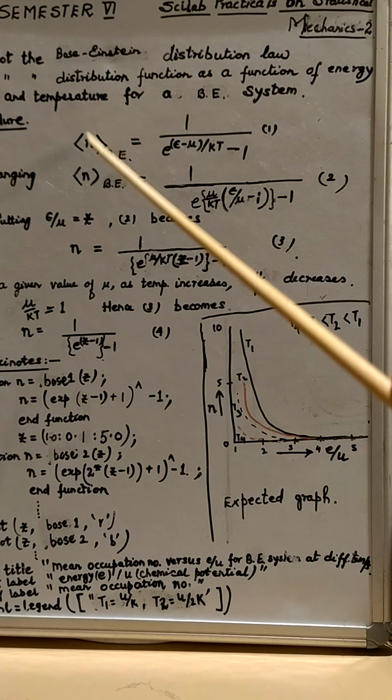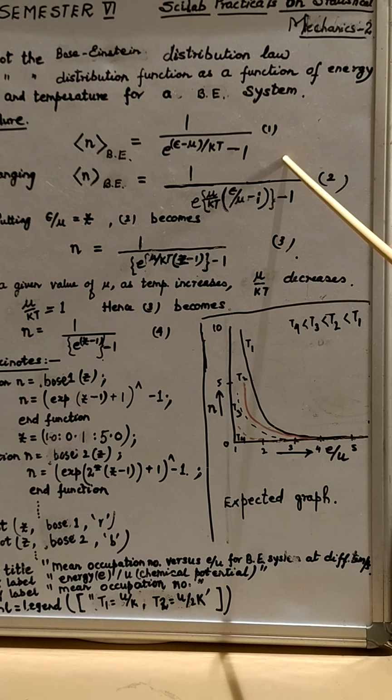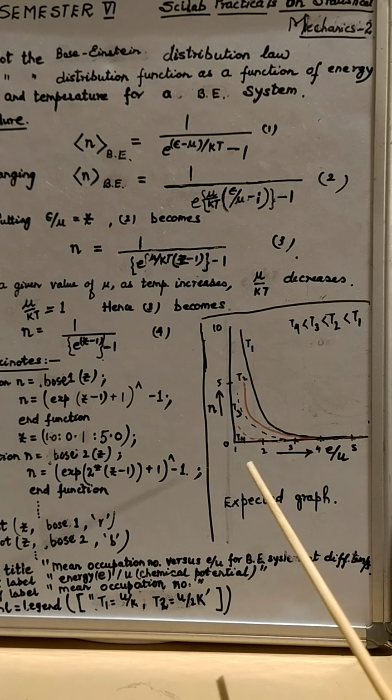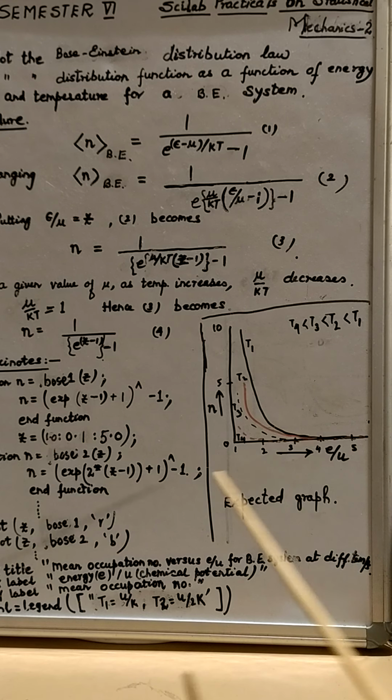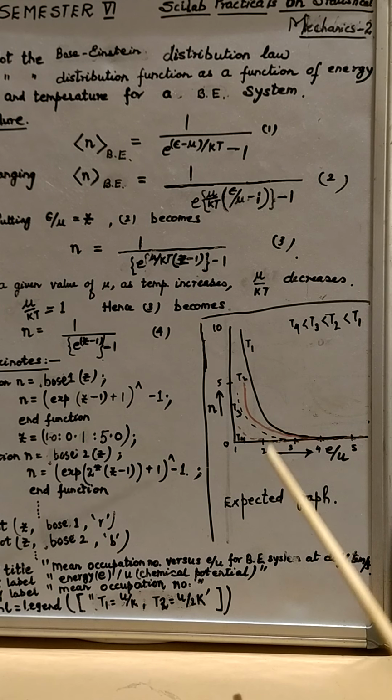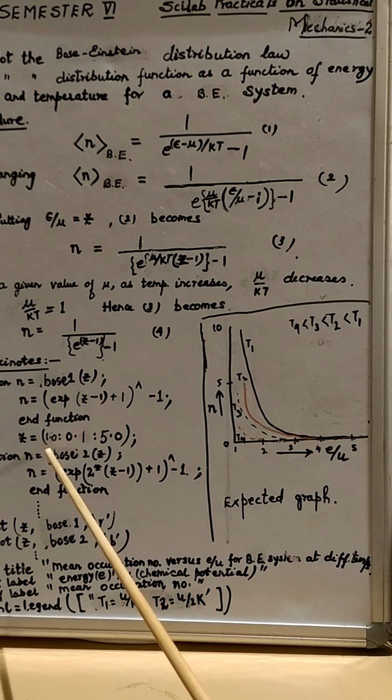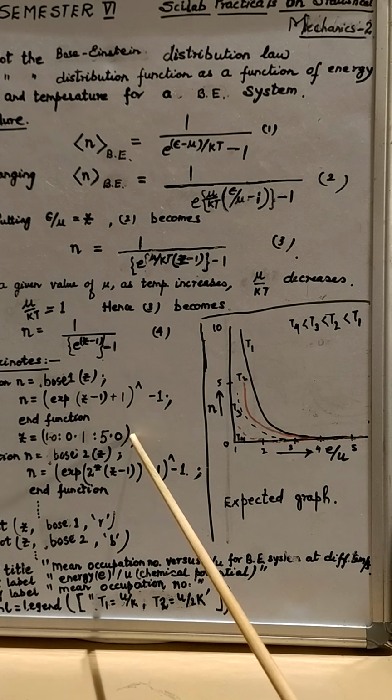So the mean occupation number becomes a negative number, and that is not physically possible. Mathematically you can discuss it, but physically you can understand that mean occupation number cannot be a negative quantity. So if I try and plot it from 0, I'll still get graphs, but that will give me something which is physically not possible. So I start from 1 and I go up till 5.